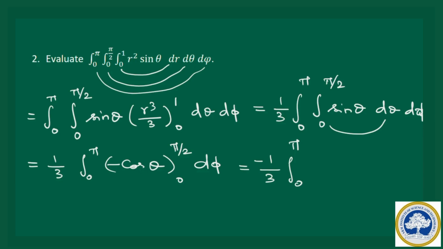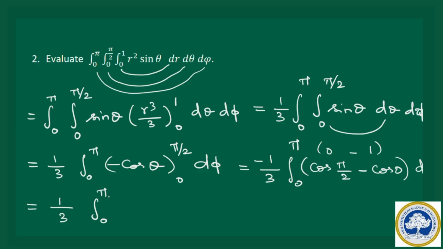And now apply the limits: cos pi by 2 minus cos 0, into d phi. We already know that cos pi by 2 is cos 90, which is 0, and cos 0 is 1. So 0 minus 1 is minus 1. Already one minus is here, so minus into minus becomes plus. Integral 0 to pi, d phi alone we have.